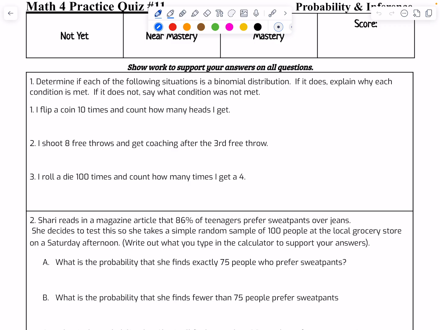So for number 1, I see it says I flip a coin 10 times and count how many times I get heads. So number 1, there was a set number of trials, we call it, because we flip the coin 10 times. That's a set number of trials. Number 2, each flip has the same probability.